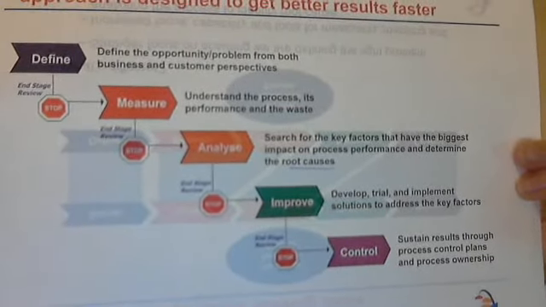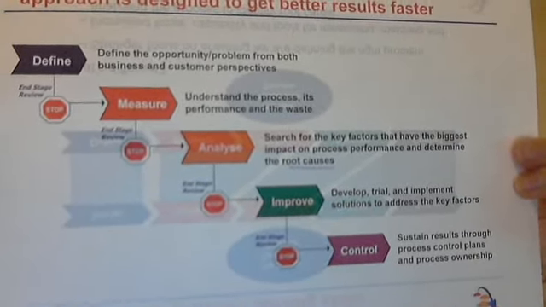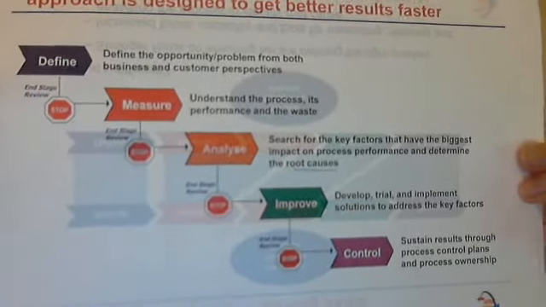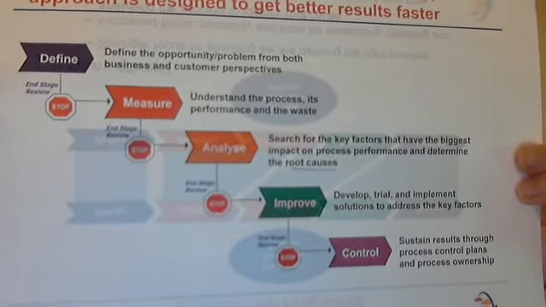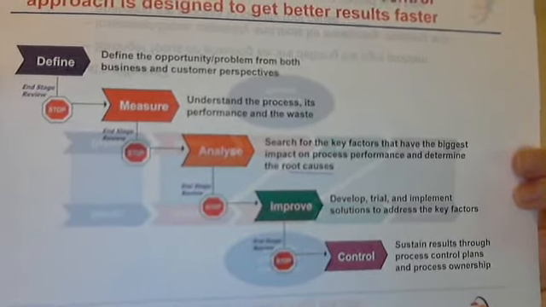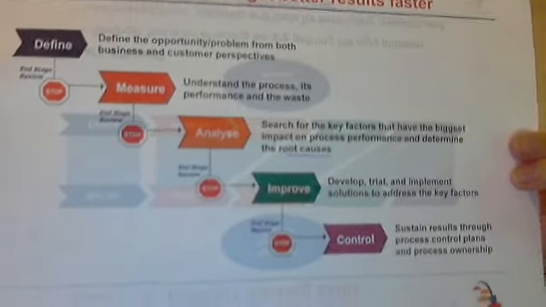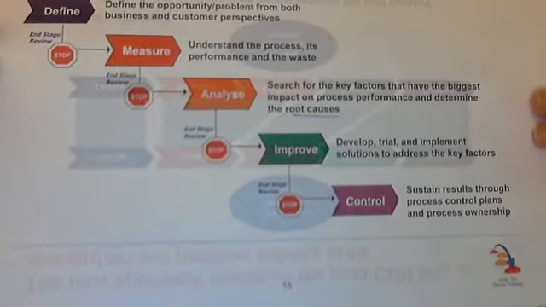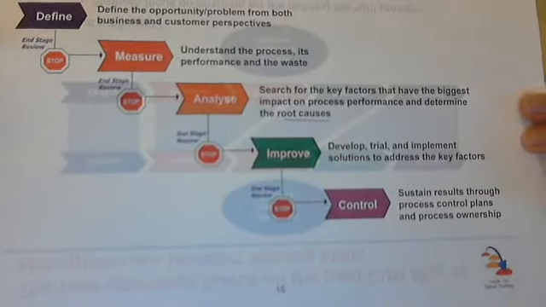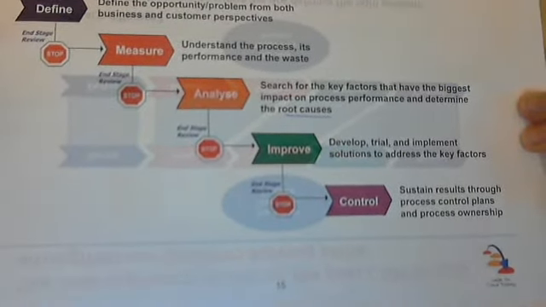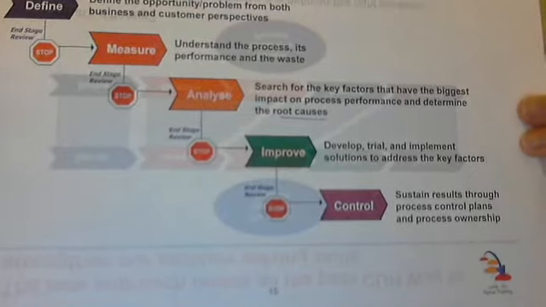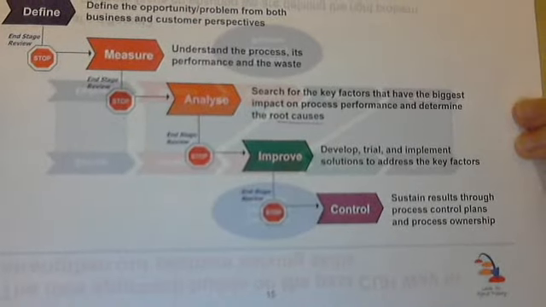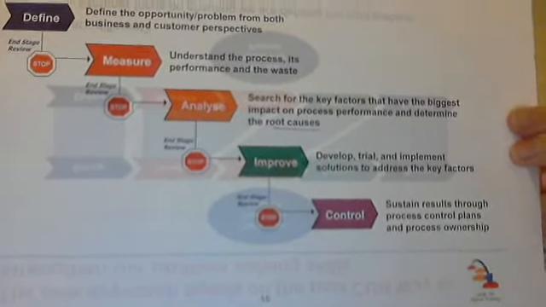Understand the process, its performance and the waste. Analyse. Search for the key factors that have the biggest impact on process performance and determine the root causes. Improve. Develop, trial and implement solutions to address the key factors. Control. Sustain results through process control plans and process ownership.